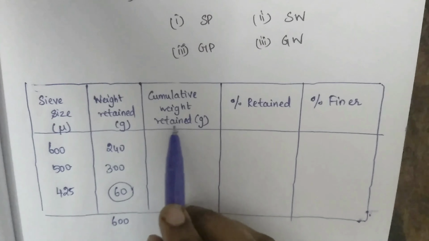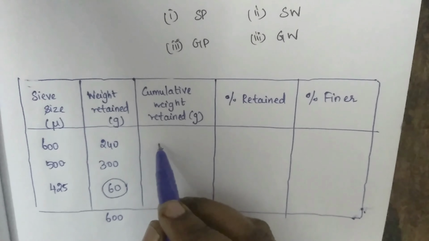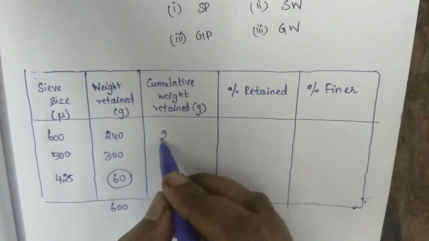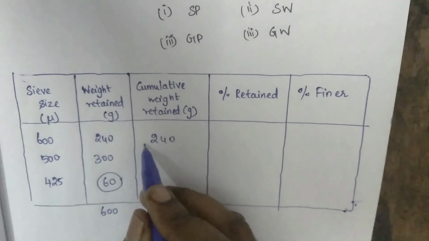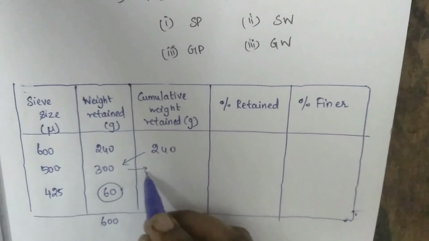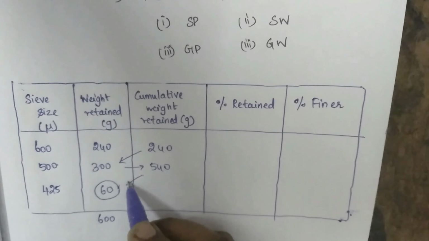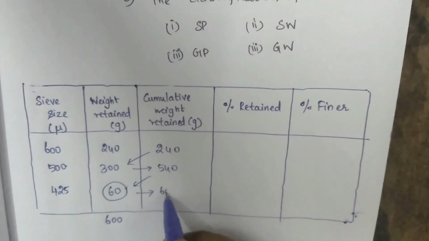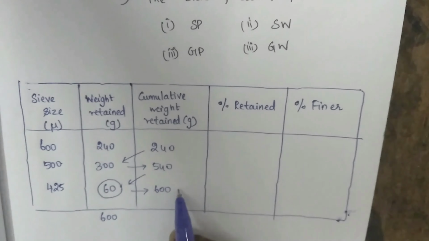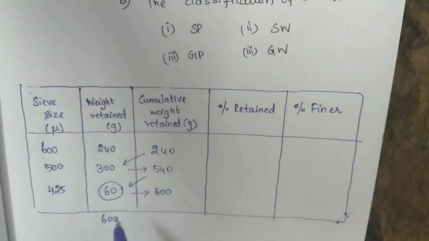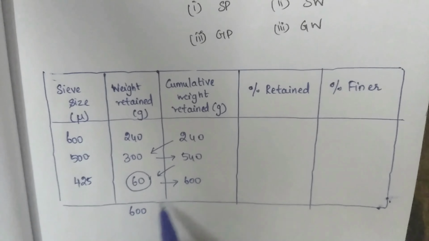The cumulative weight retained is nothing but adding one sieve with the other. So first it is 240. The next is 240 plus 300, it is 540. 540 plus 60, it is 600. Generally, the final value of cumulative weight retained and the total weight must be equal.